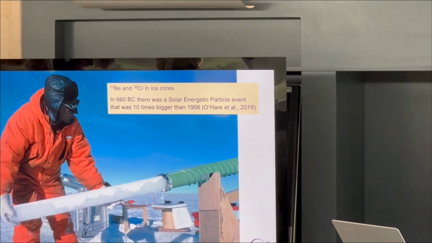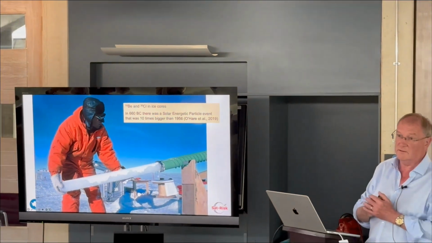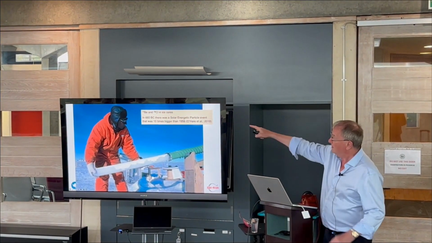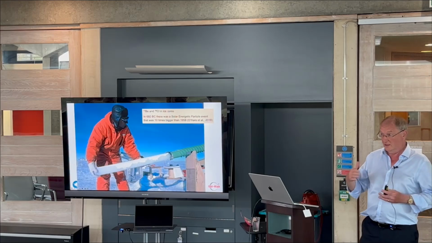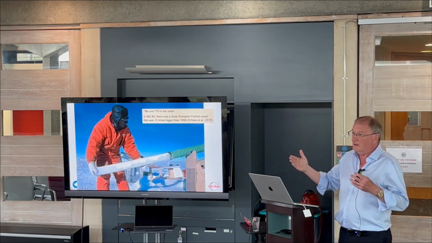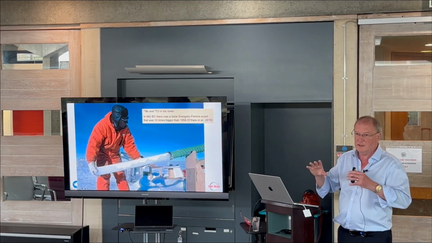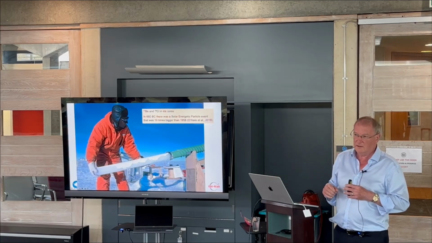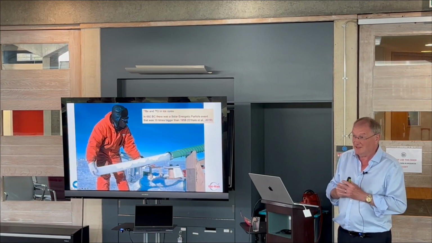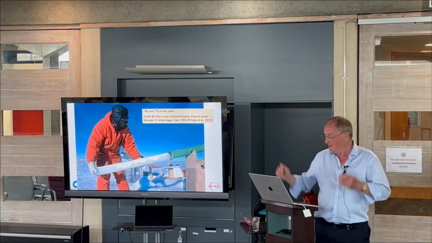The largest event we've seen in living memory is 1956, we have measurements, just before the launch of the first satellite. So in history, there are much larger events. And we have to try and work out what the radiation dose is and go to the satellite operators and say, you're designing your new satellites, would you be resilient to something like that? That's a good question. Don't get much of an answer either. Very interesting.